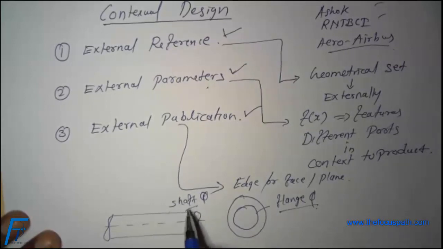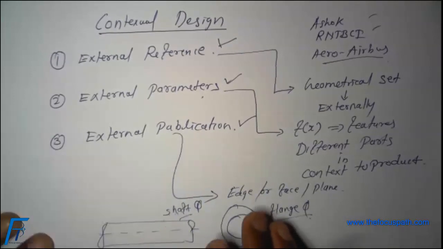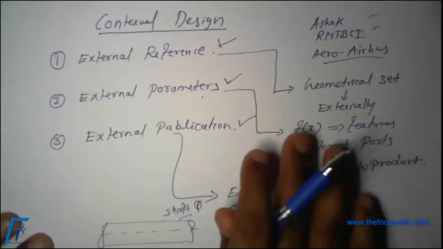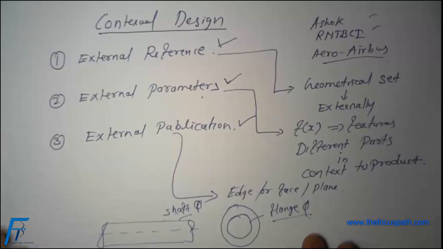Similarly, if I make any changes to the shaft, the flange has to change accordingly. So this is the design concept which we typically use for any assembly process. Is it clear? Yes? Okay.